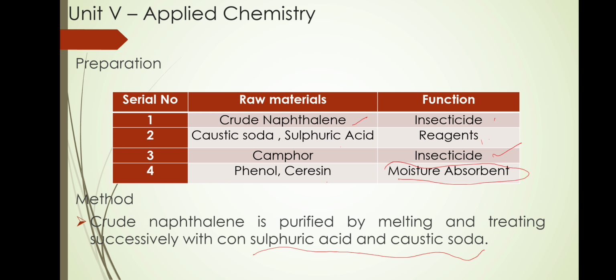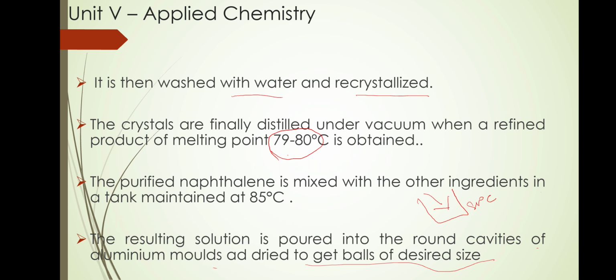So crude naphthalene is first purified by melting and treating it with caustic soda and sulfuric acid. This is crystallized, and the crystals are distilled under vacuum, so that all the impurities and moisture go away and we get a perfectly pure crystal with a melting point of 79 to 80 degrees centigrade.